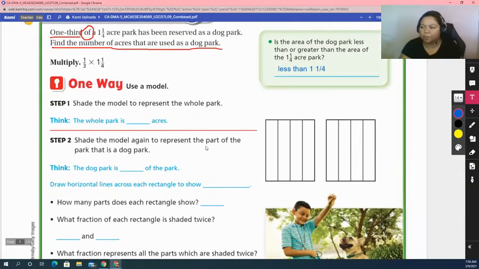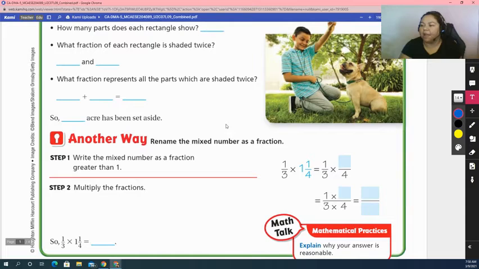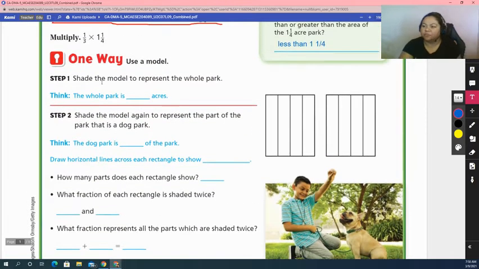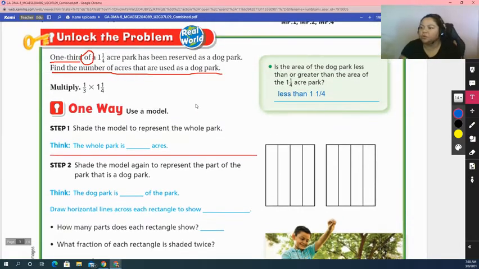So we're going to do it two ways. However, I want to focus that we will practice the second way during class. On the first way, the first step is to shade a model to represent the whole park. So the whole park is 1 1/4 of an acre. That's the first thing we're going to represent.